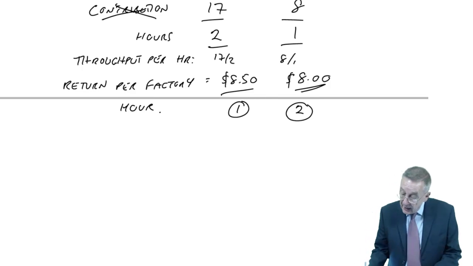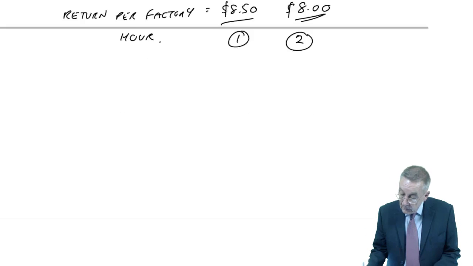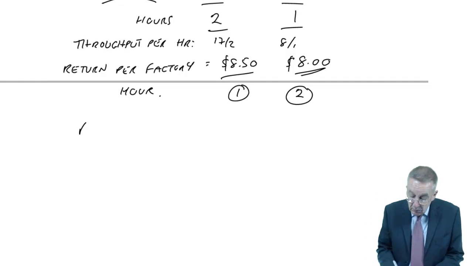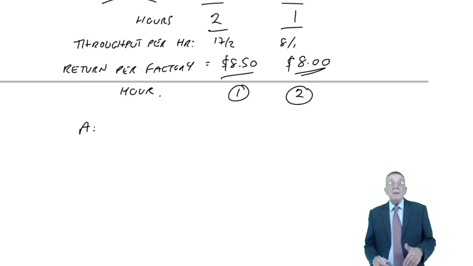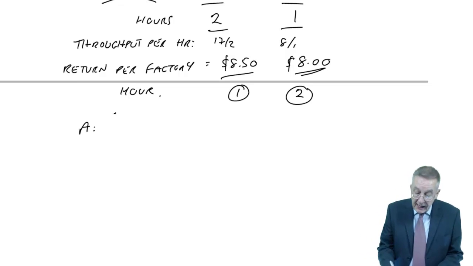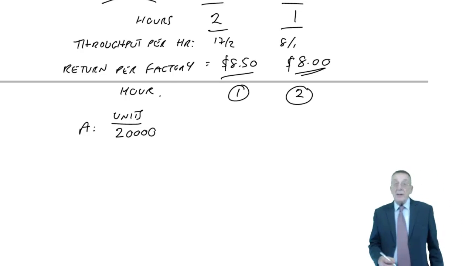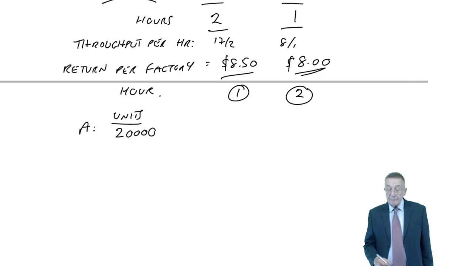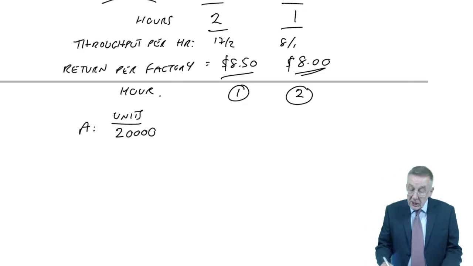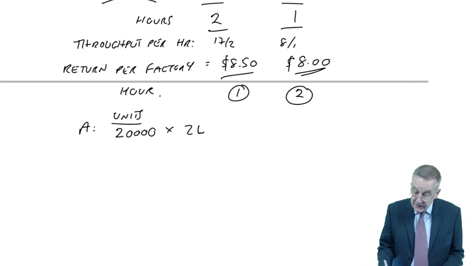And so what's our production plan going to be? This time we'll make A first, but remember, we won't make any more than we can sell. The maximum demand is 20,000. So we'll make 20,000 A's. And each A takes up 2 hours, so that's using up 40,000 hours.